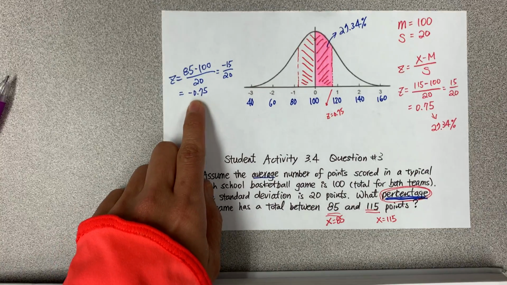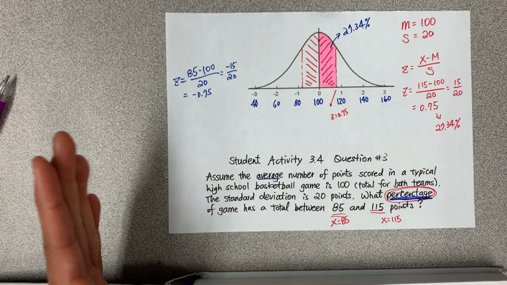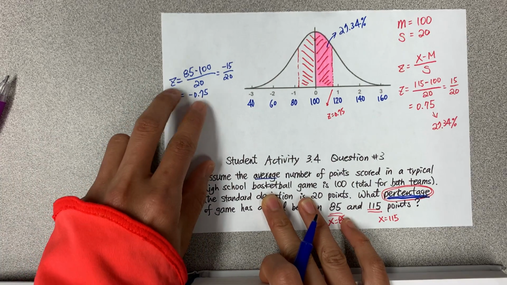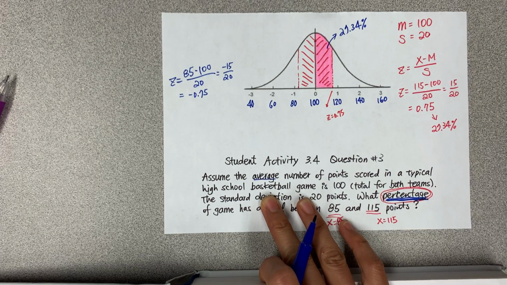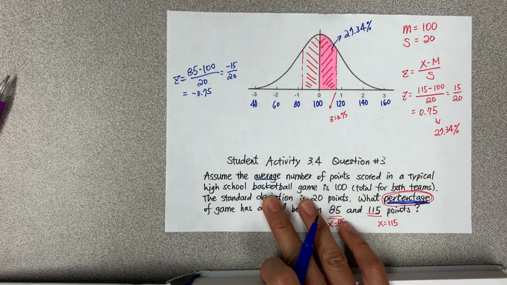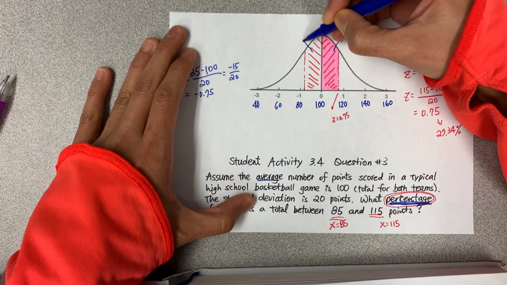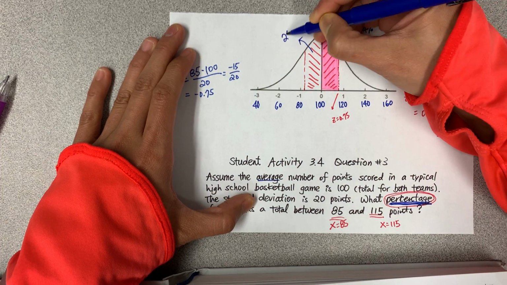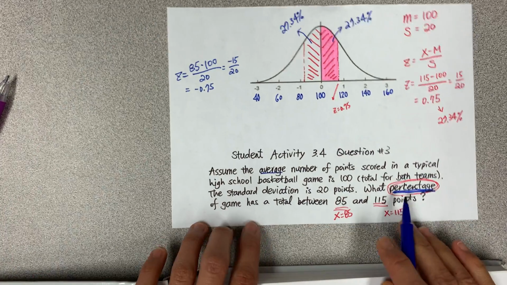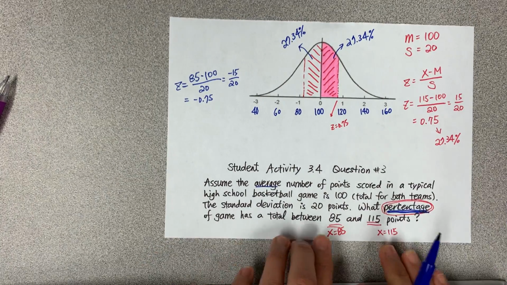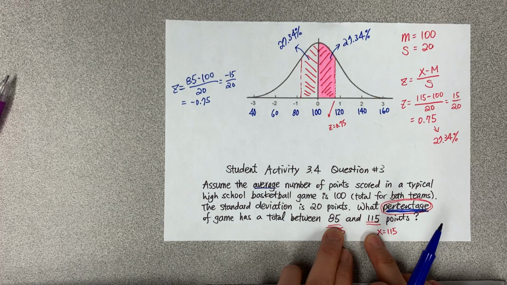So when it's negative, meaning it's on the left-hand side, okay? So the Z-score is actually the same. So on this side it is also 27.34%.